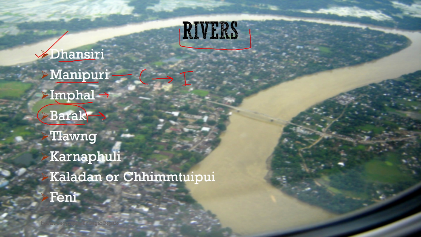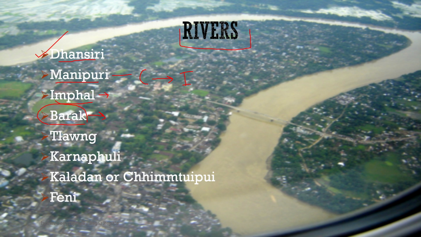Before that, Barak River makes two distributaries, Surma and Kushiyara, and after that it becomes a part of the Meghna River. So the Barak River is very important. There was one question. We are going to see that question on the river Barak.